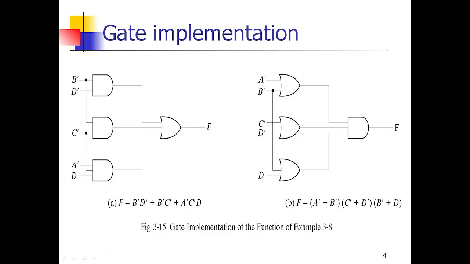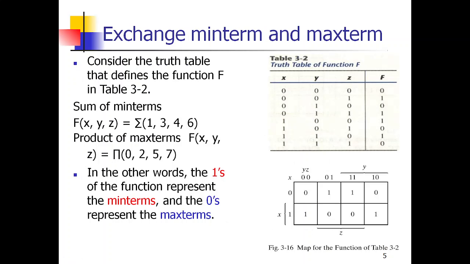For the product term we have used the AND gate, and for the sum terms we have to use the OR gate. Okay, this is the gate implementation, that is, we have to draw the circuit diagram for the Boolean function which we have obtained.